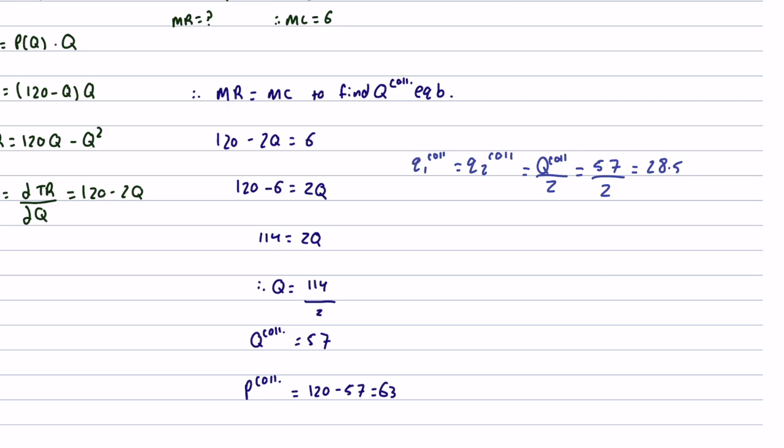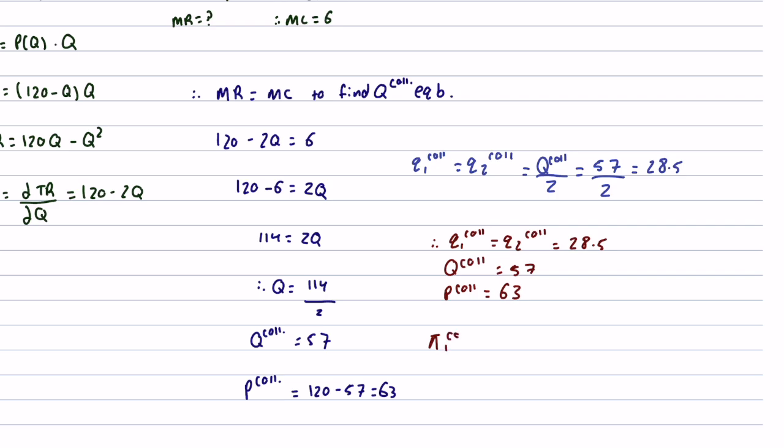So therefore, we have all of our variables, right? We know Q1 collusion is equal to Q2 collusion, which is equal to 28.5. We know big Q collusion is equal to 57, and we know price collusion is going to be equal to 63, right? We also know that because each firm faces the same price and they're working together and they're setting the quantity equal to each other, they're both sharing the same amount of output, I should say.